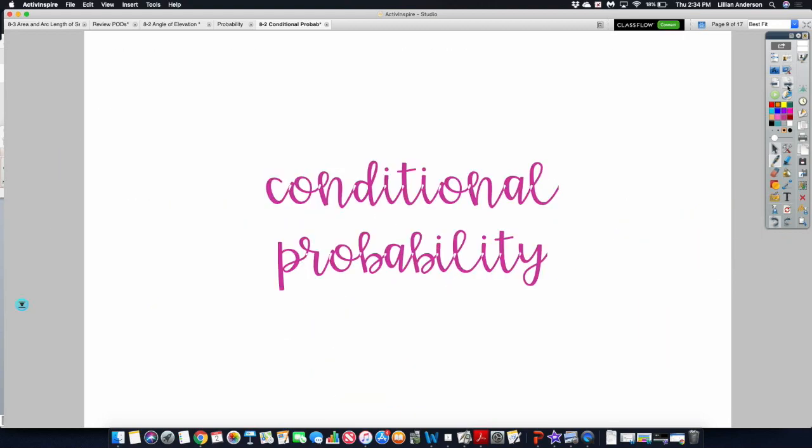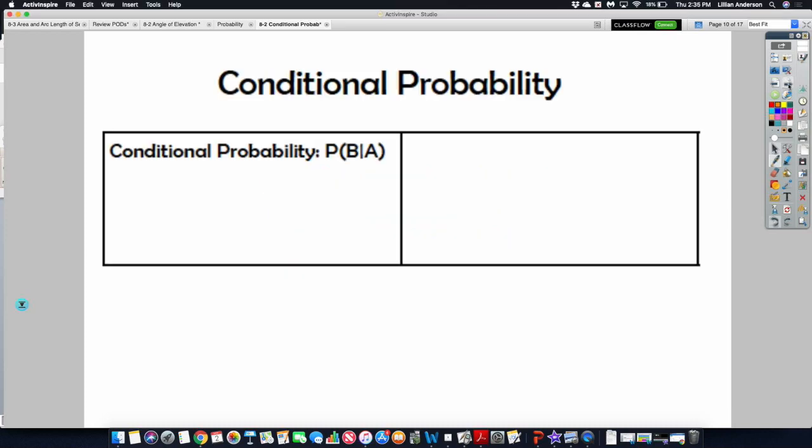There we go. Let's look at conditional probability. Conditional probabilities, okay? Let's talk about what conditional probability is, okay? This is when you're not looking at the entire possible outcome, okay?